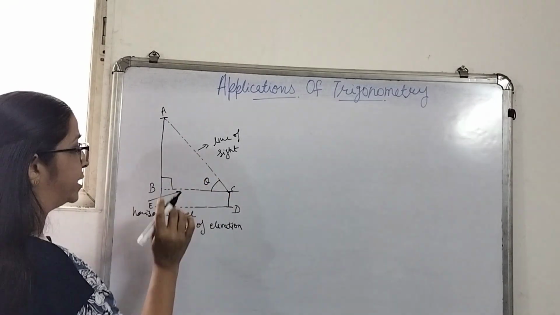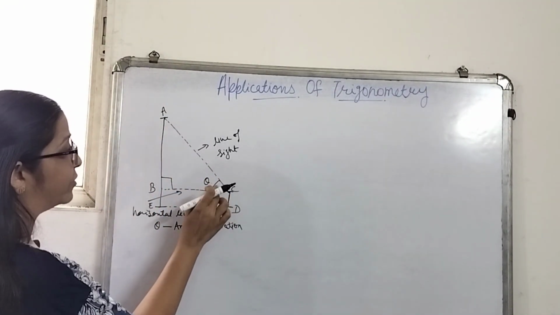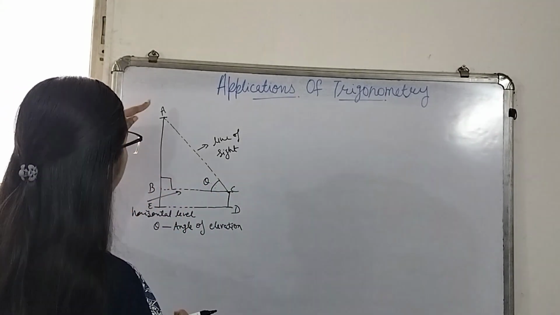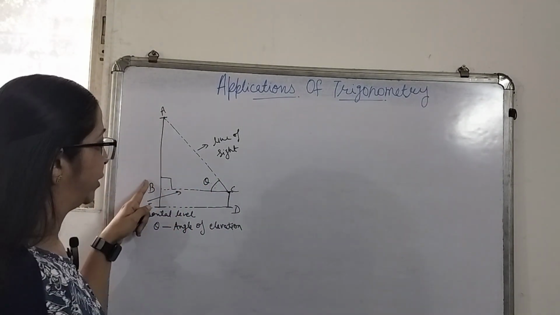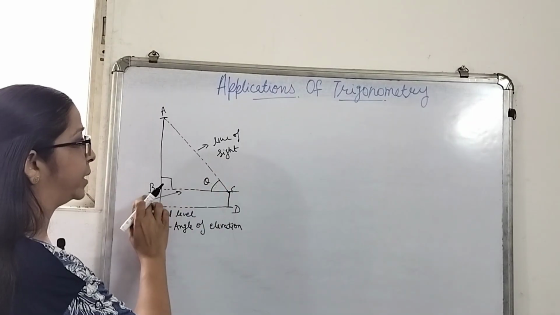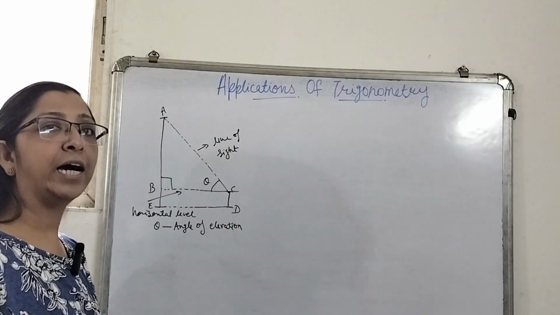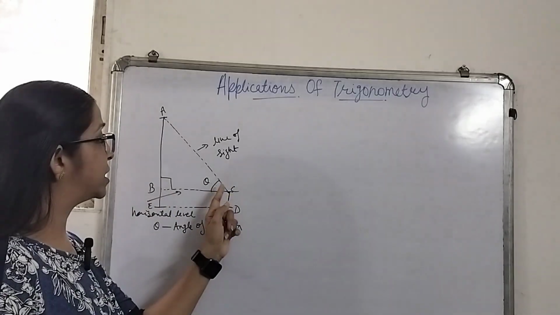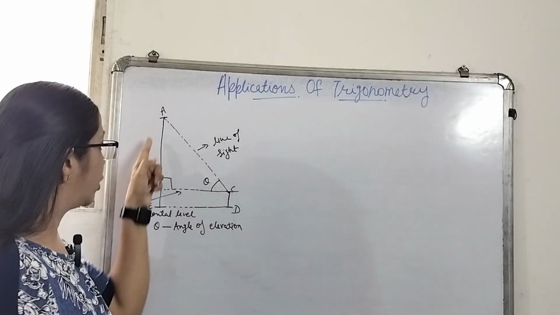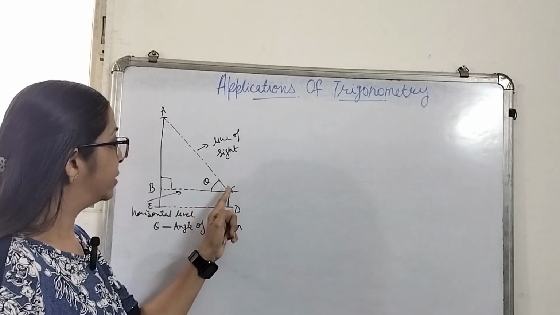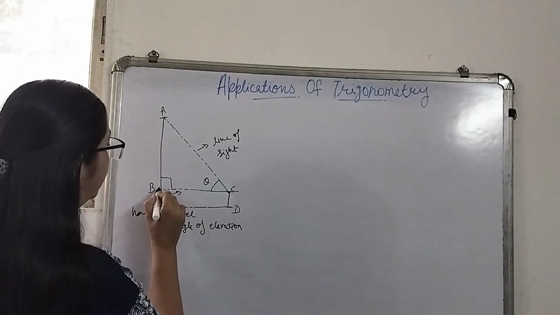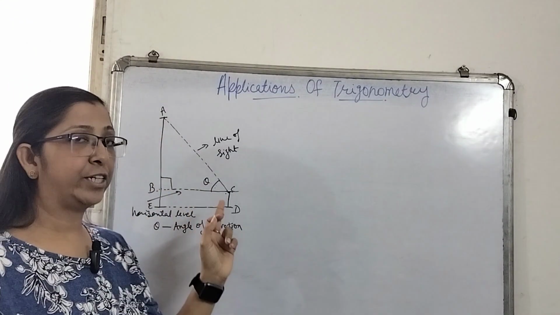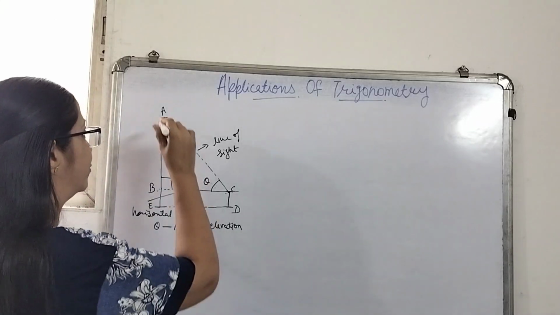Now if this is the theta we are considering, the side opposite to this theta, AB, will be the perpendicular, BC will be the base and AC will be the hypotenuse. So in these types of cases, if we know the distance of the observer from the foot of the building, and we know the angle of elevation, we can find the height of the building.